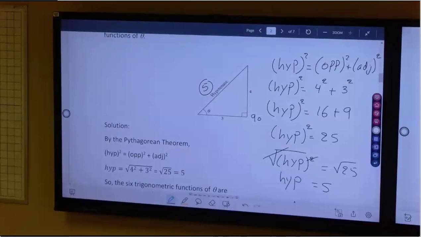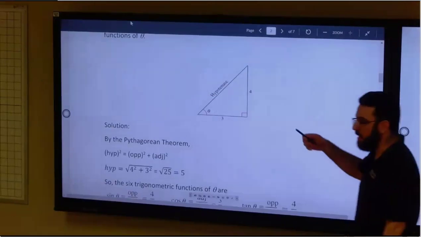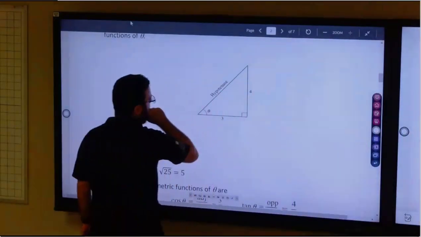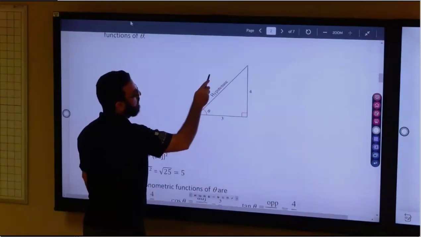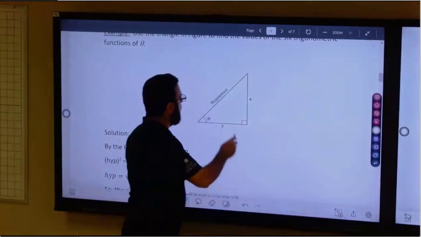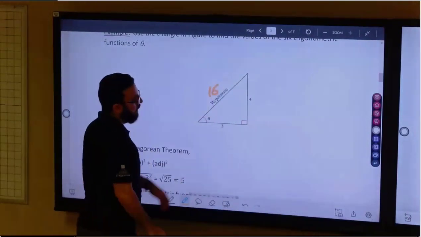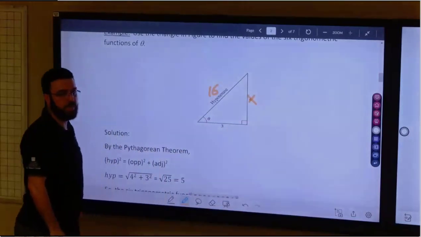You got it? So let's say we have this theta, and we have the hypotenuse side equal to 16. And this side is X. We need to find this side.